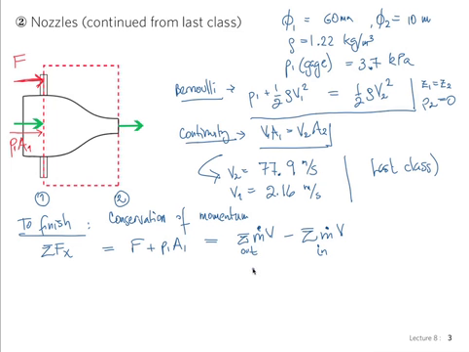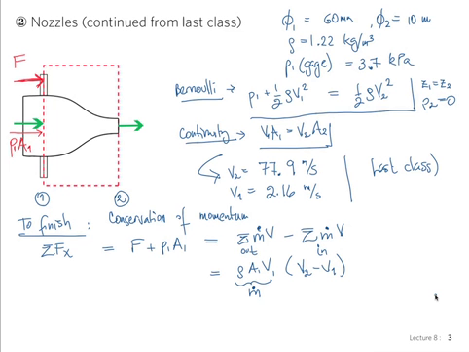So now we can write this very simply as rho A1 V1 times, so this is m dot, and I've simplified things by writing m dot in the same form for both terms, and I have V2 minus V1. So rho A1 V1 is m dot, m dot V2 is the momentum going out, and m dot V1 is the momentum coming in.